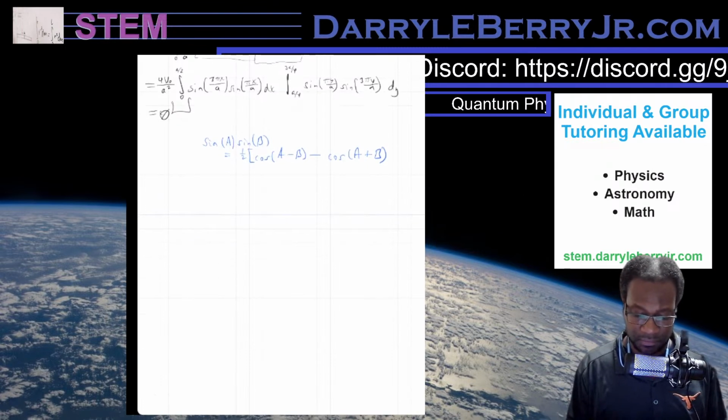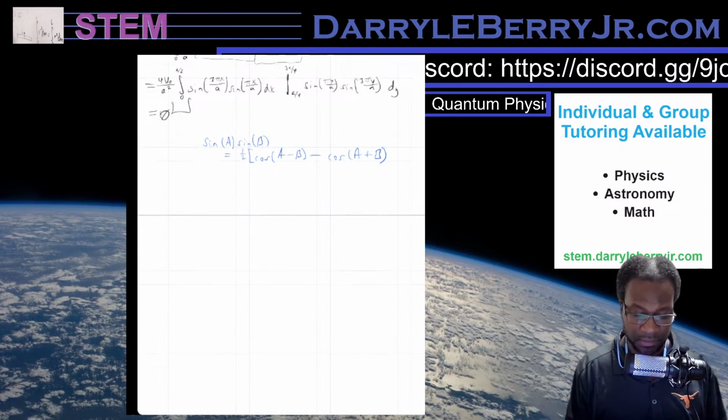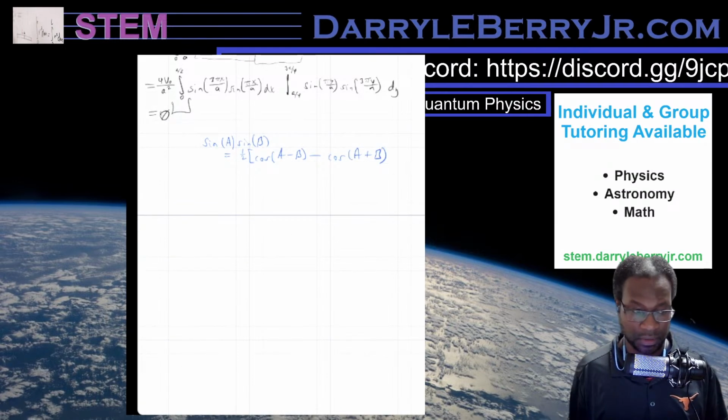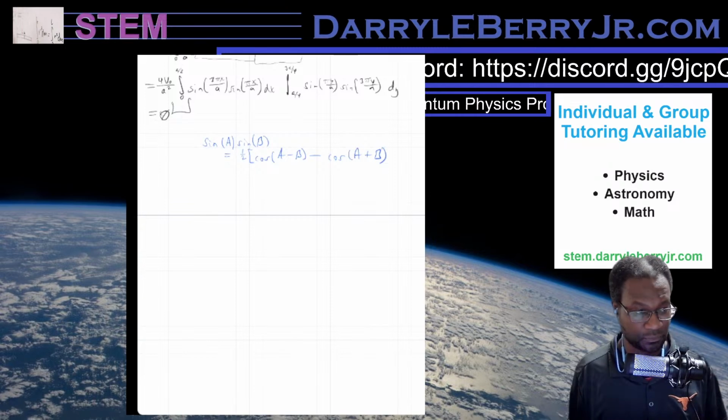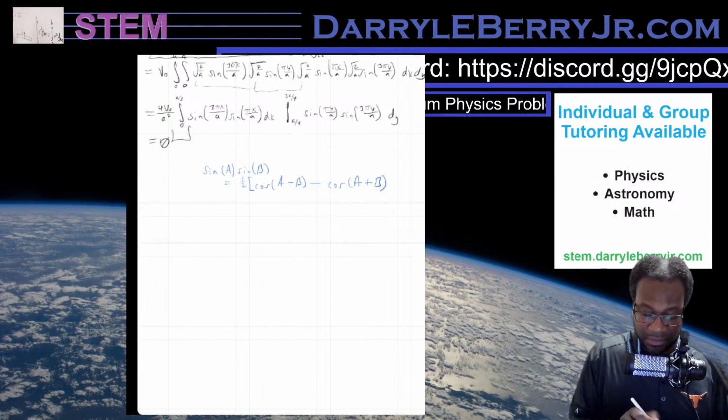Right, so let's see what this looks like. I could have typed this into Mathematica wrong. So let's try this identity out and see what happens.